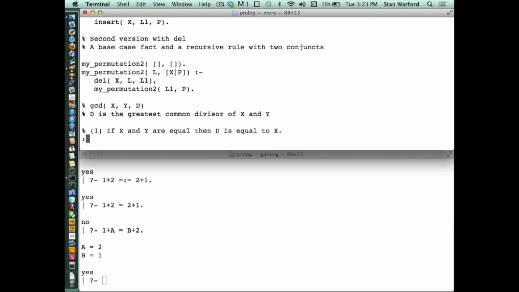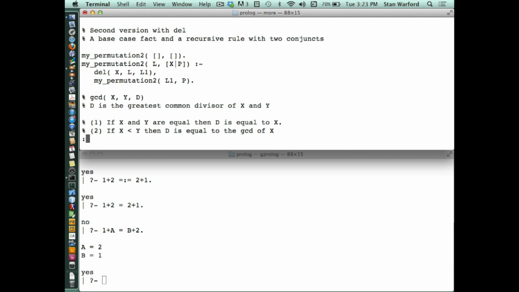Is everybody good? On the other hand, if x is less than y, then what is d equal to? What's the greatest common divisor of, let's see, if x is less than y, the greatest common divisor of 10 and 30?